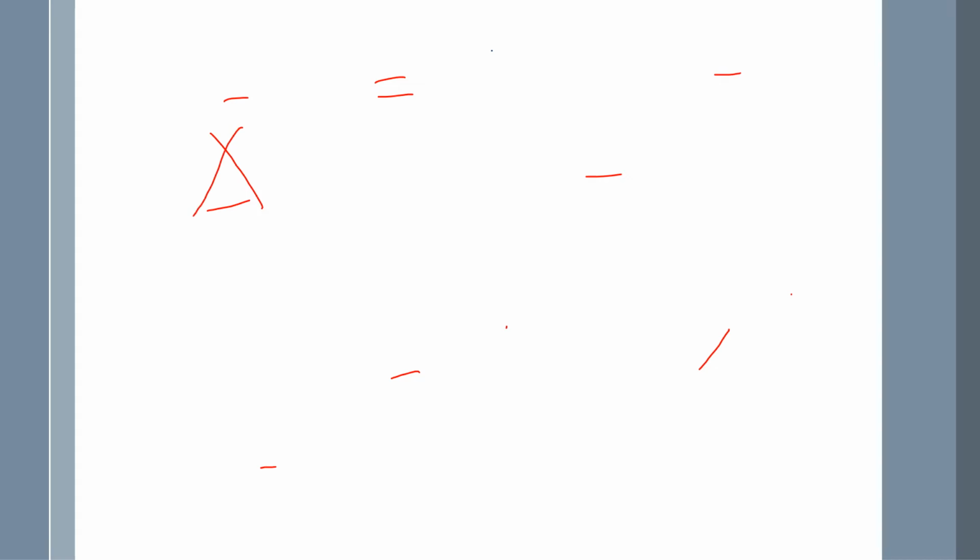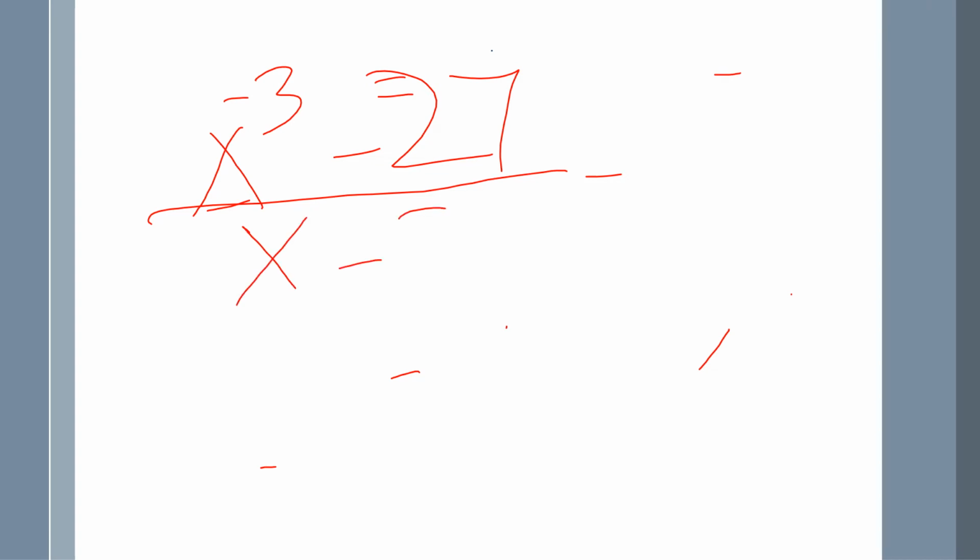x to the power of 3 minus 27 over x minus 3. So, let me erase this before you guys start tripping on me and thinking it's something that's not. Question: if I had 3 and 27, how many 3s does it take to get to 27? Well, the exponent right there tells you 3.